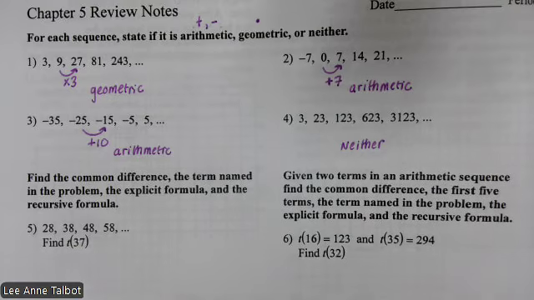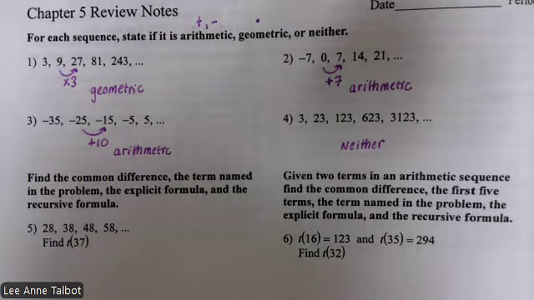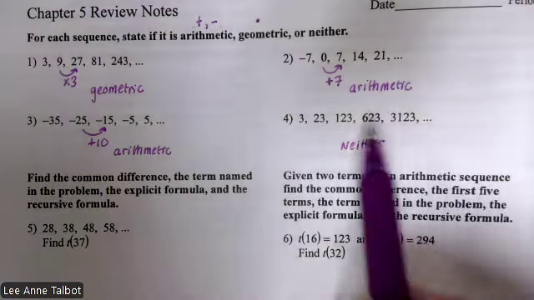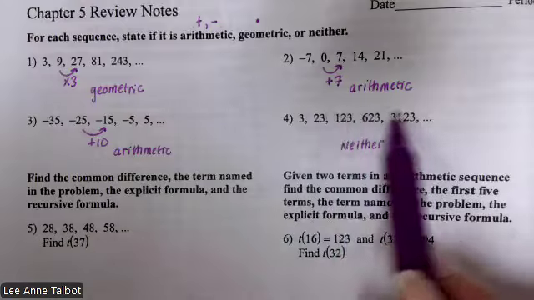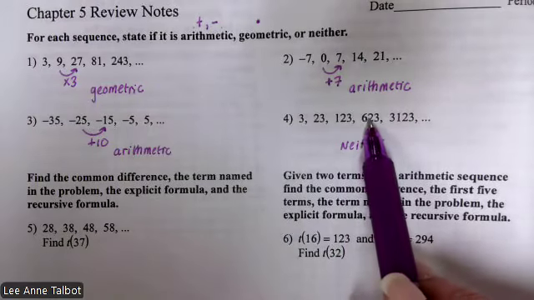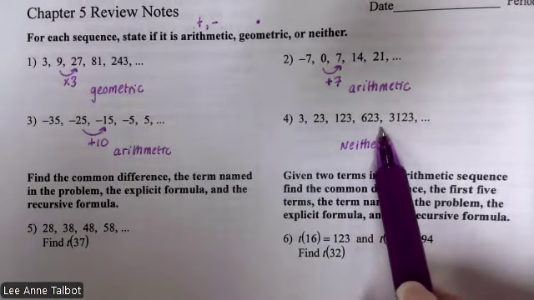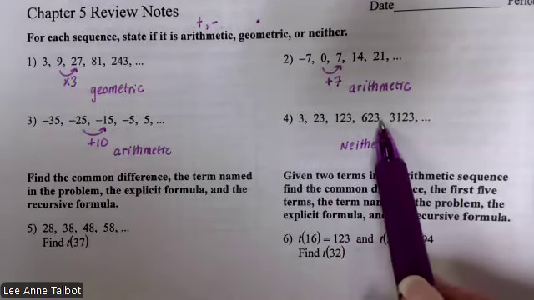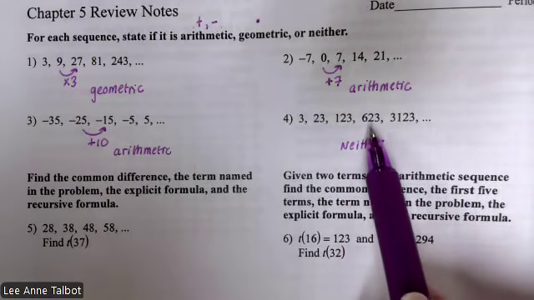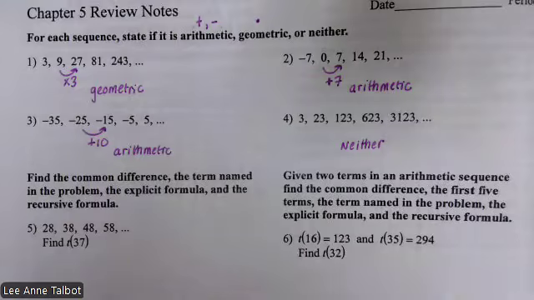The only thing is, if it asks you for something easy, like in this one, let's say it said find T of 4. You could find T of 4 because it's in your list, but you could not find the equation.